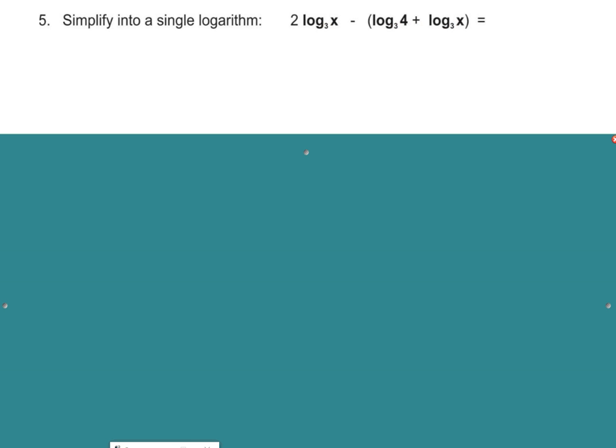Okay, so you got a couple things here. I don't know what order you want to go, but I immediately see to do this, right? Undo the power law on the front one. And now I'm looking at this minus. So I got log base 3, and I know my numerator is x squared.